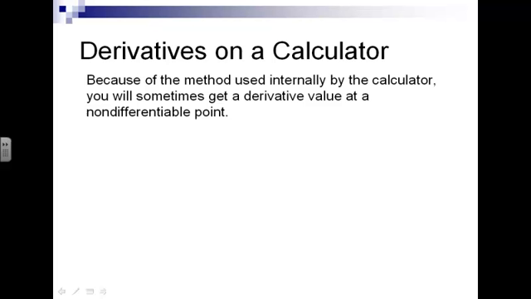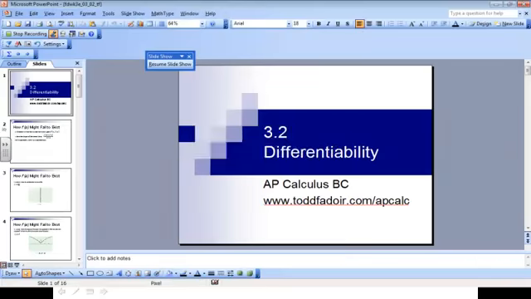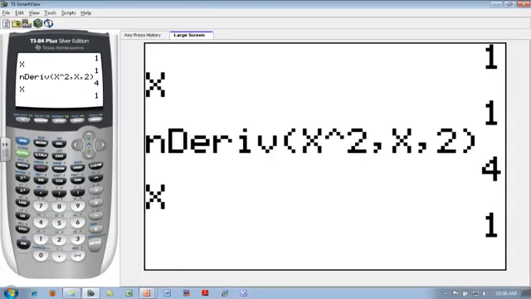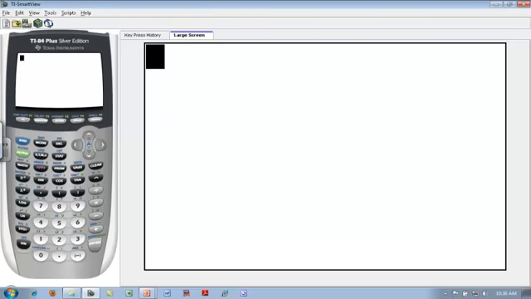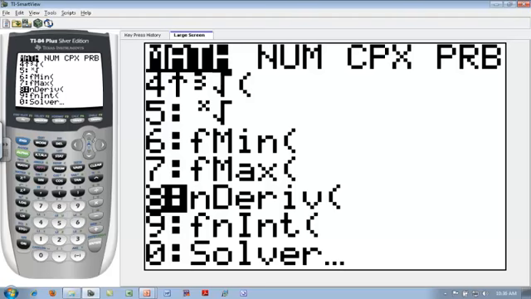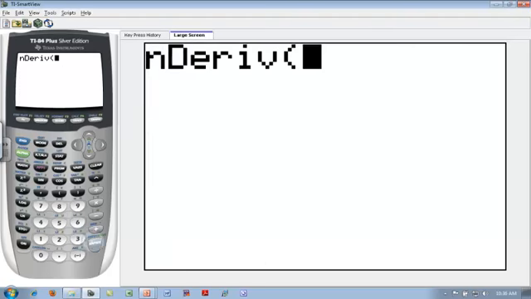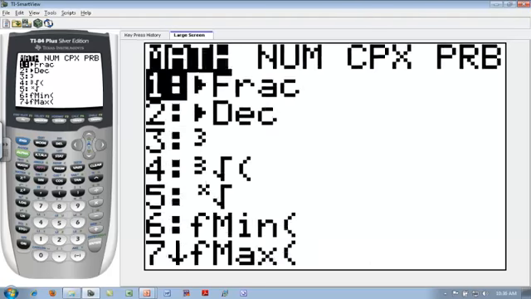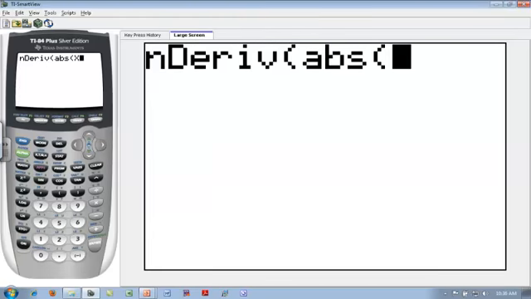For example, I could ask the calculator, please tell me the value of the derivative for the absolute value function at 0.